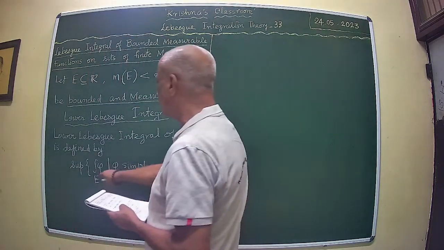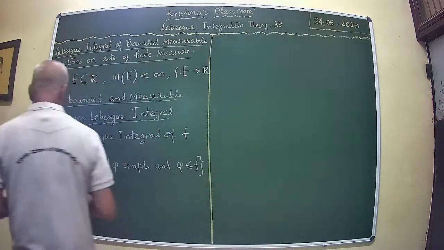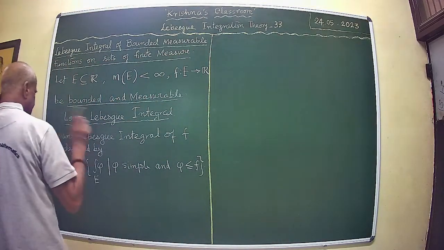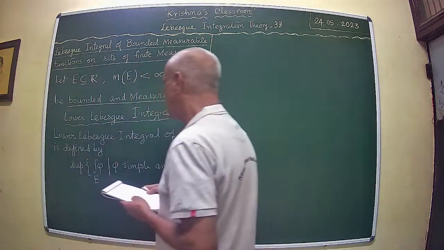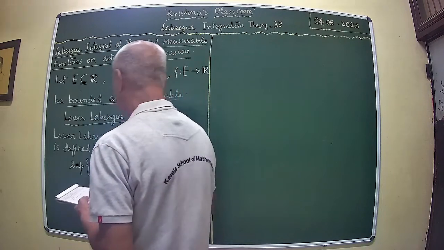Therefore this is bounded above, so the supremum exists. That is what you call the lower Lebesgue integral.